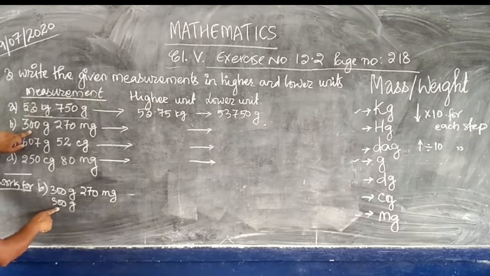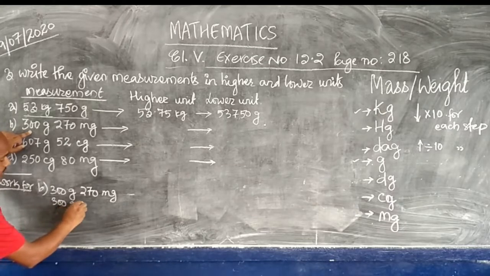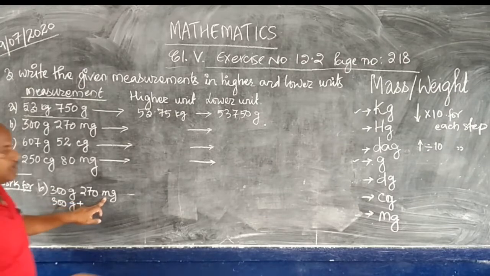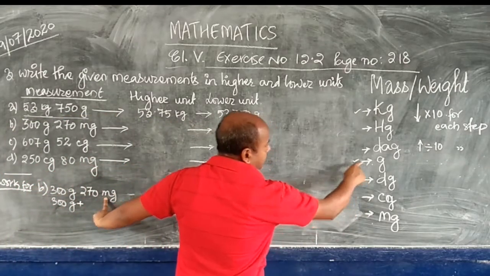This is already in gram, so you don't have to do anything to it. Add 300 gram to 270 milligram. But this milligram is to be converted in terms of gram. So you have to convert milligram into gram here.